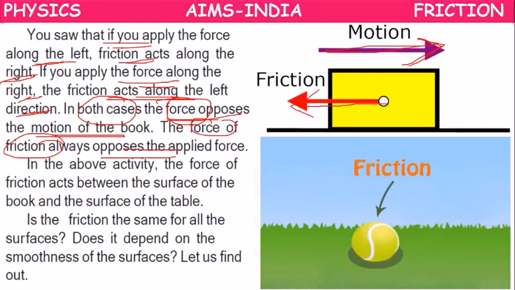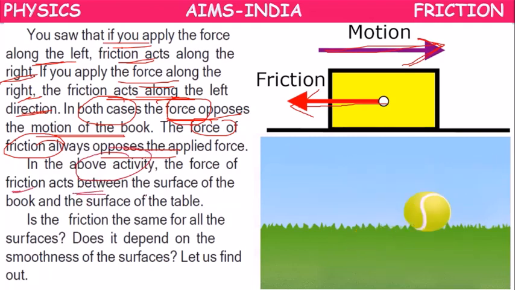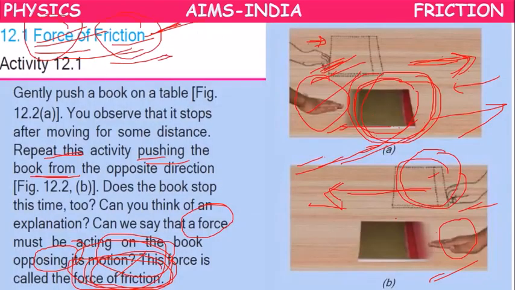Next. In the above activity, the force of friction acts between the surface of the book and the surface of the table. We have to observe that, because here the book is moving on the table.